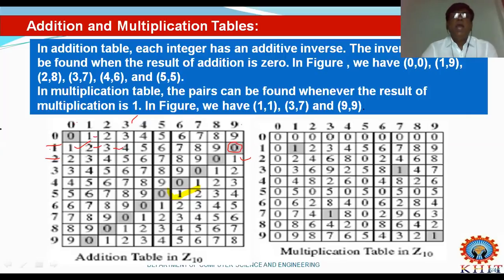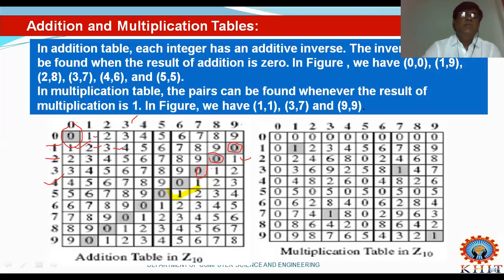Here you check that every row has a 0 modulus. This 1 row has the 0, 2 row has the 0 here, 3 row has the 0 here. So every row has a 0 modulus. That means the addition of this row and this particular column gives the 0 modulus at certain places.